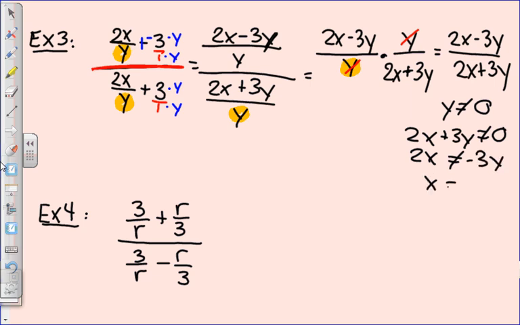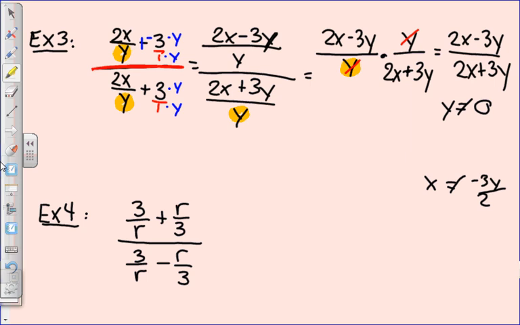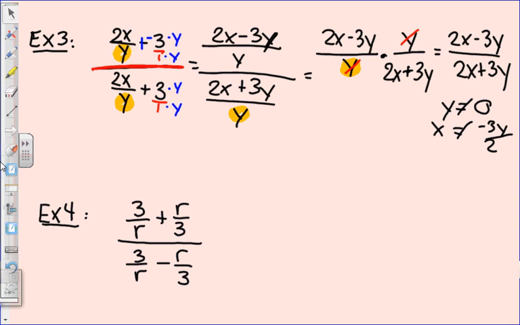X cannot equal negative 3 over 2y, or negative 3y over 2. Good. Those are your restrictions. Very good.